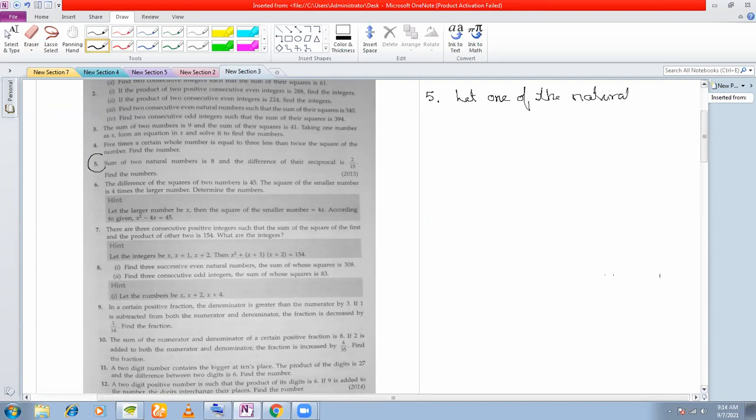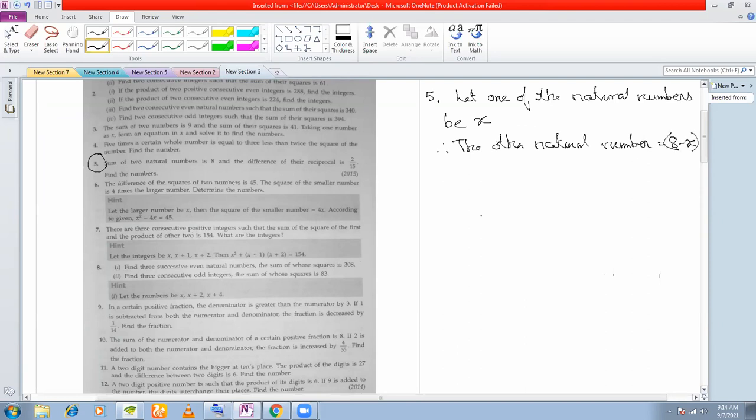one of the natural numbers, so I'll just circle this question, be x. Because the sum of the natural numbers is 8, therefore the other natural number is equal to 8 minus x.